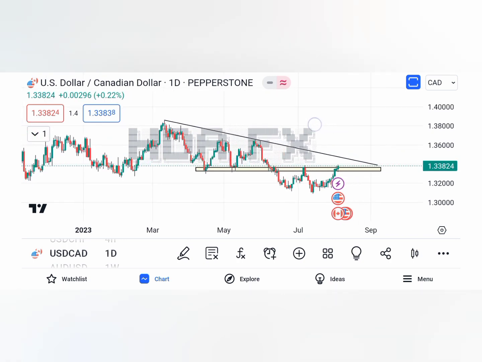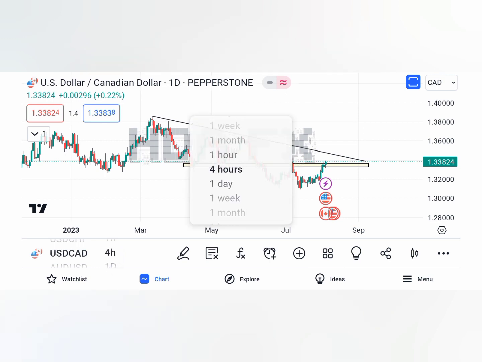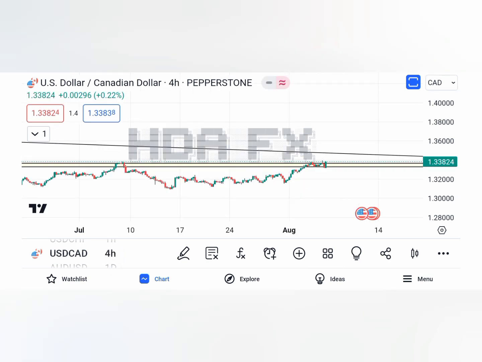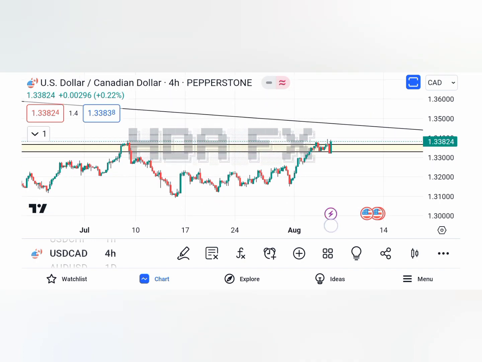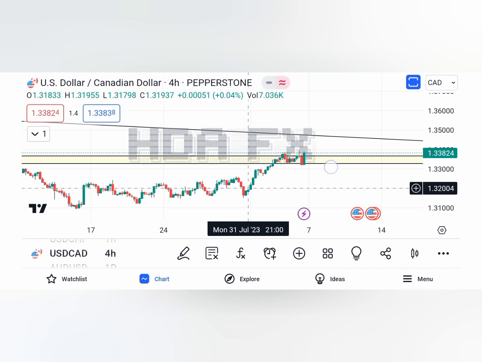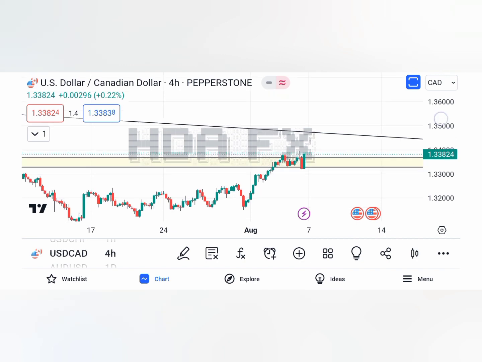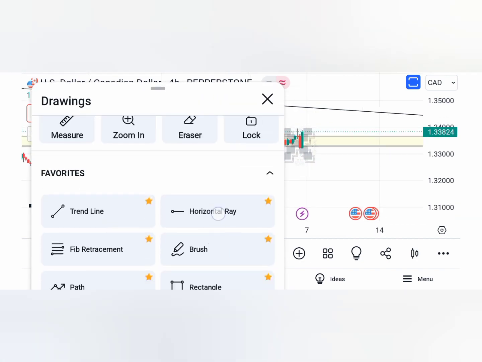So now let's move to the 4-hour time frame and see what we have there also. So on the 4-hour time frame, we can see that price was bullish, and now we can spot this range here. So now on the 4-hour time frame, we can have these zones here.